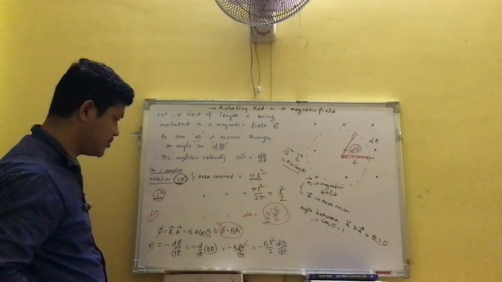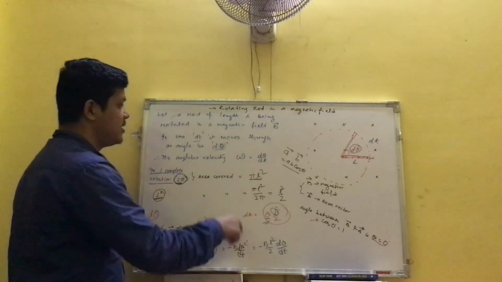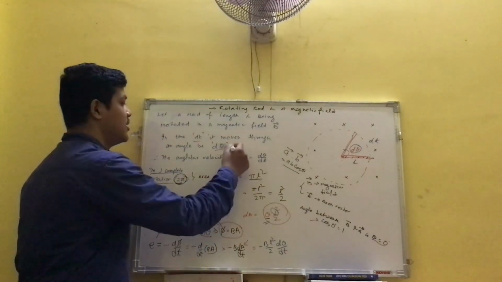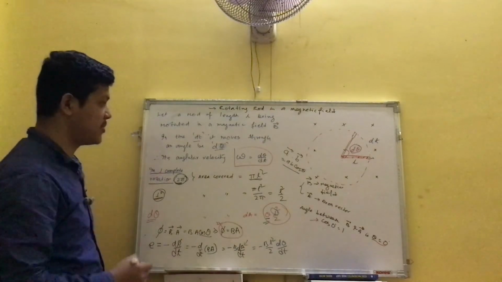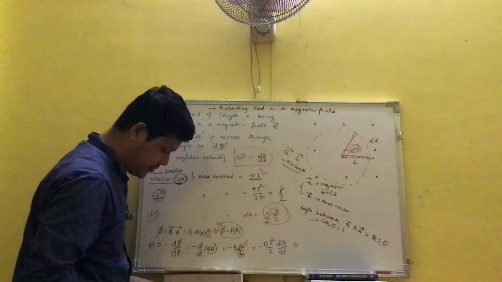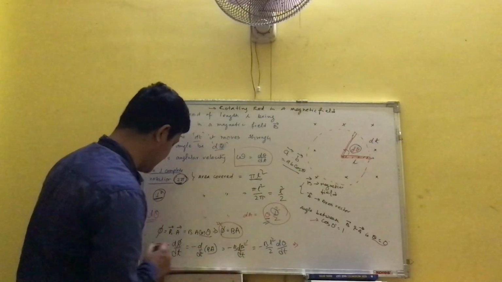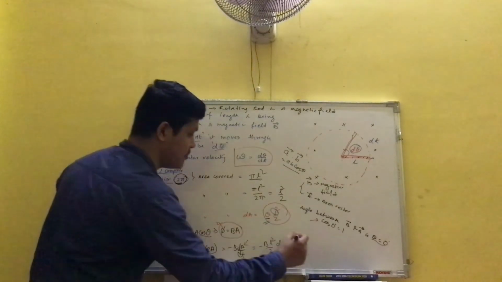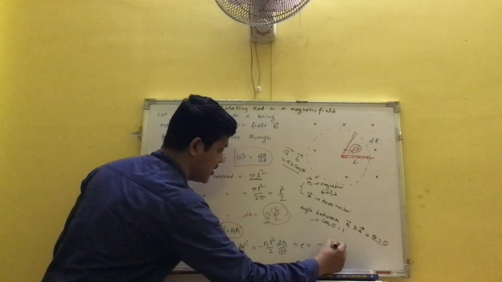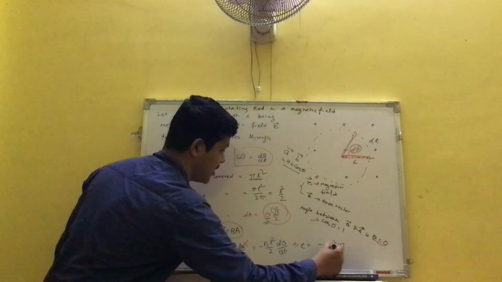Now d theta by dt is the angular velocity. Replace this by omega. Then you will get E equals minus B L square omega by 2.